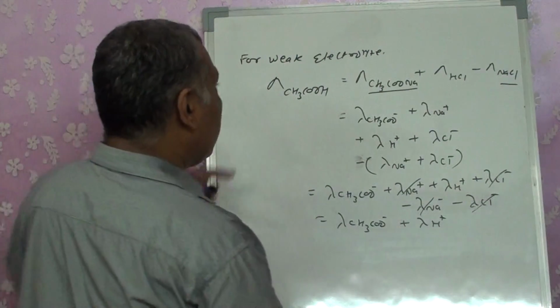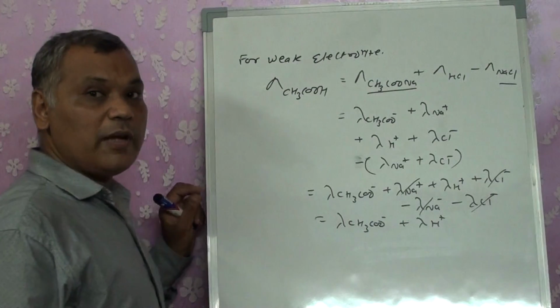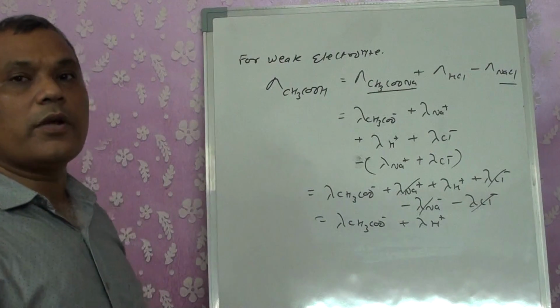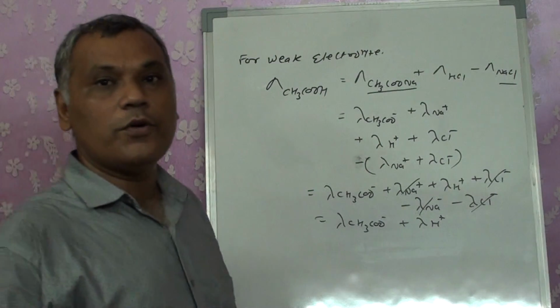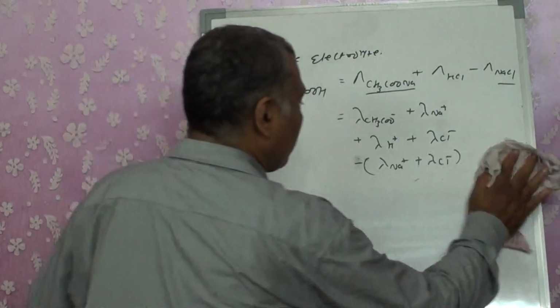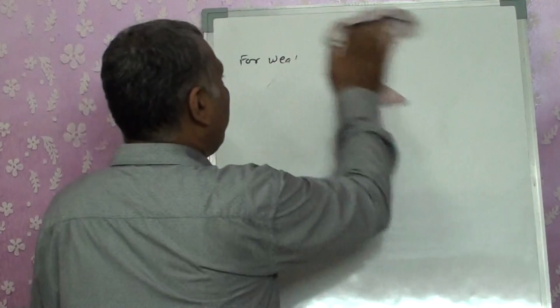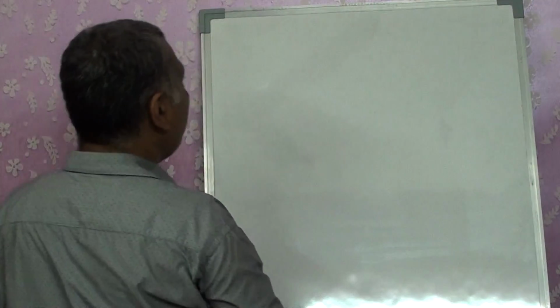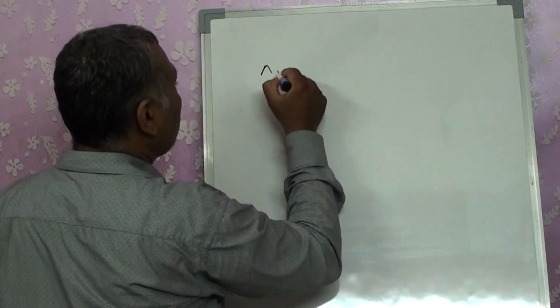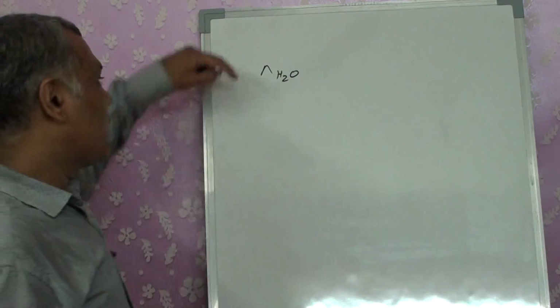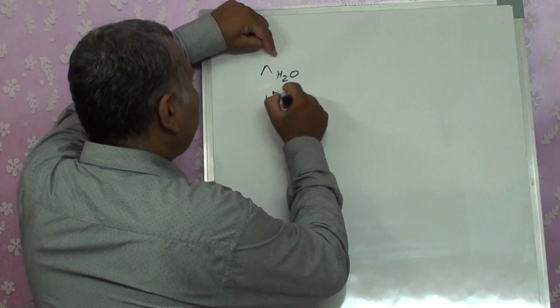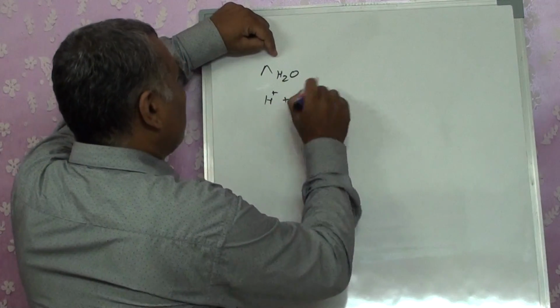Another example, let's check how to calculate for the weak electrolyte. Whichever weak electrolytes there are, we can calculate the value for it by using the conductivity of strong electrolytes. Let's check one more. Suppose we calculate the conductivity of H2O. Now water means we will have H plus and OH minus.